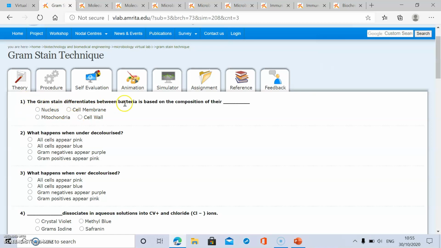The Gram stain differentiates between bacteria based on the composition of their, and these are the options: nucleus, mitochondria, cell membrane, and cell wall. What happens when under decolorized? These are the options: all cells appear pink, all cells appear blue, Gram negative appear purple, Gram positive appear pink.